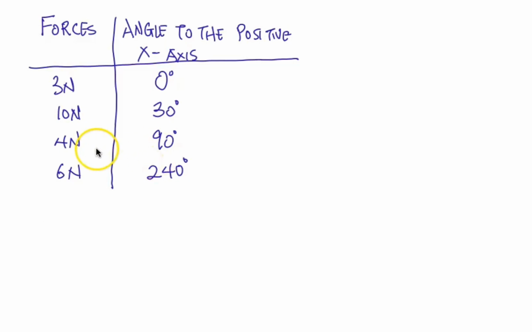So in resolving, remember the third step says that we use sine for the y component and cosine for the x component. So for the Fx, let's start with the x component. We are going to pair each of them with the angle. So it's going to be 3 cos 0 because this is the x component.